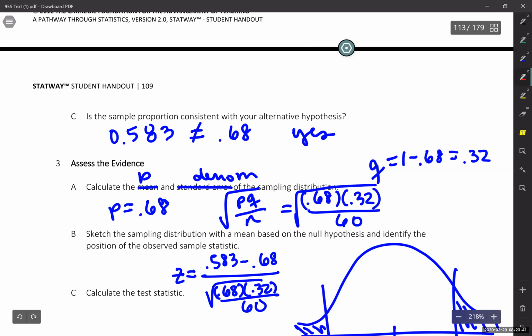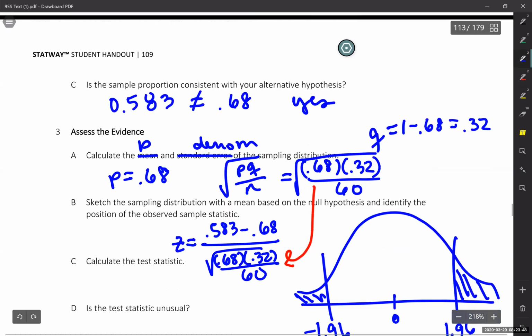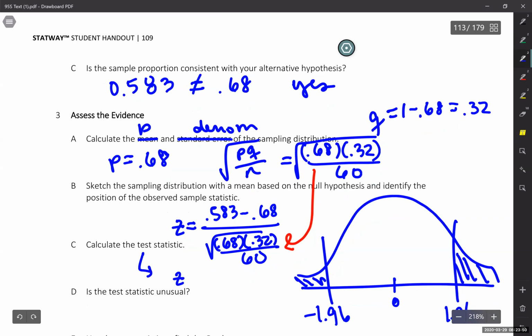So that formula is just right there above. That's going in the denominator. And so Z, our test statistic, is going to equal, when we simplify this, negative 1.61.